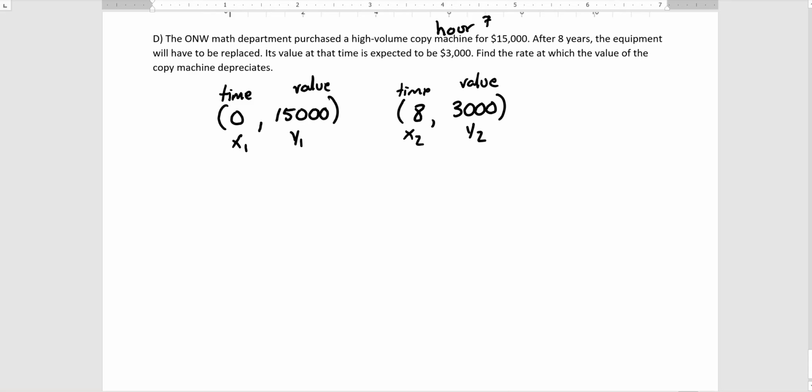And I will say m equals 3,000 minus 15,000 over 8 minus 0.